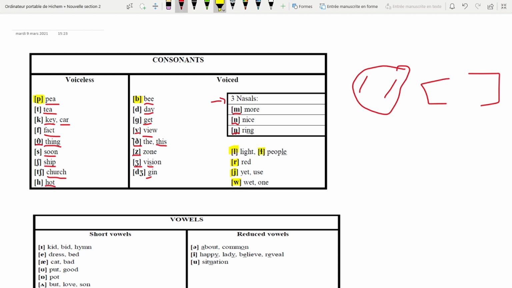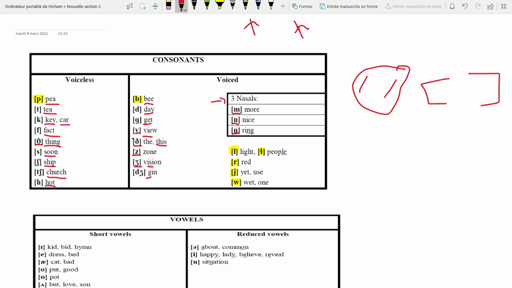This is a dark L. Some teachers might transcribe this one in a slightly different way, so it depends on the teacher. It's almost the same thing, but this is the real transcription of dark L.